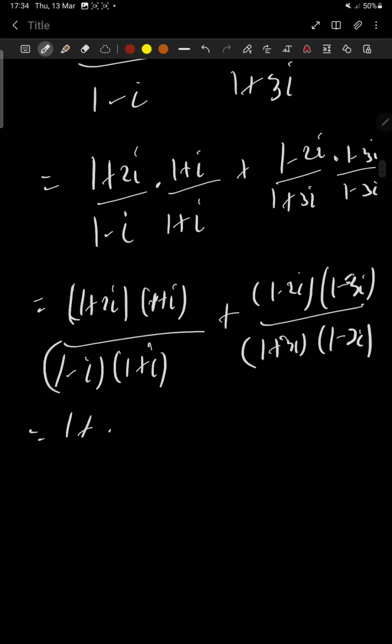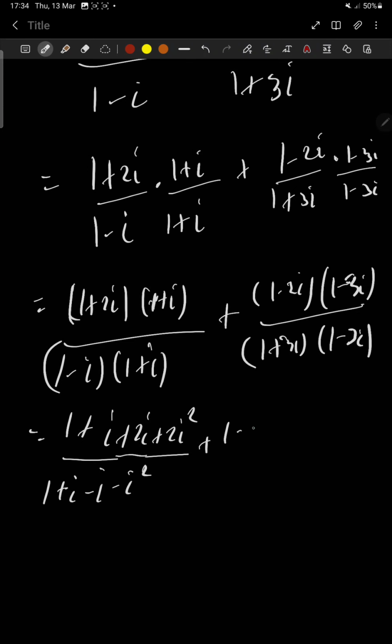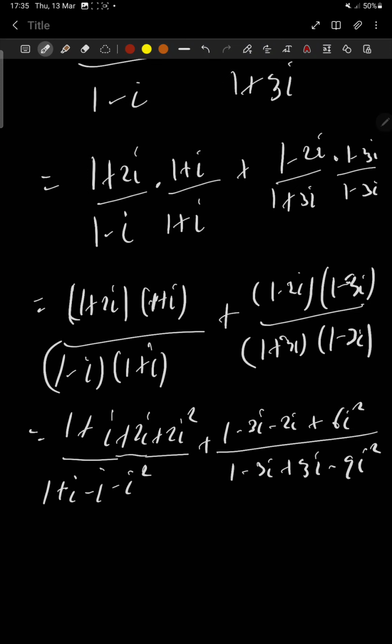This will be 1 plus i plus 2i plus 2i squared over 1 plus i minus i minus i squared, plus 1 minus 3i minus 2i plus 6i squared over 1 minus 3i plus 3i minus 9i squared.